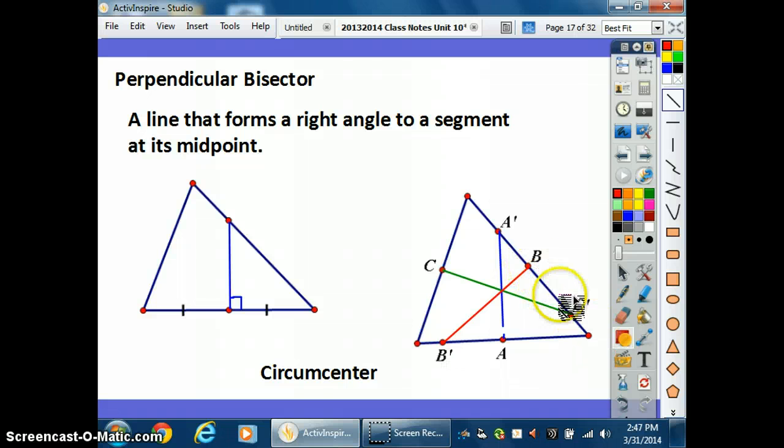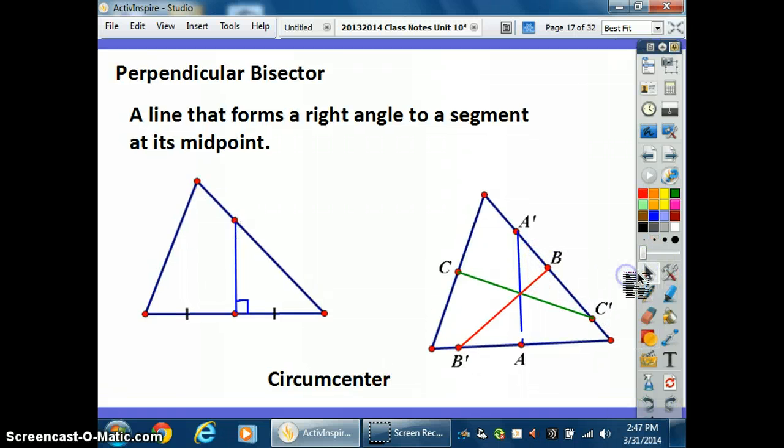B is a midpoint, and it's cut it into 2 equal parts. And see, I'm getting a right angle here, one here, and one here. This is called a circumcenter, and it's an interesting point.